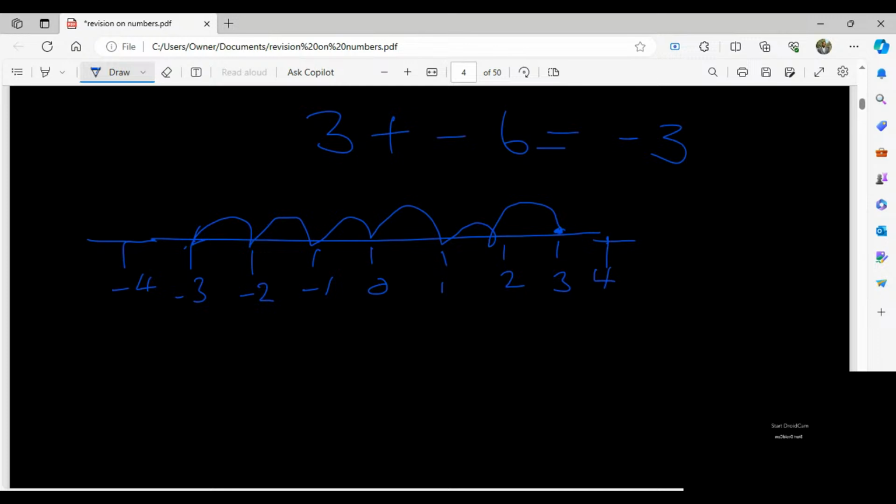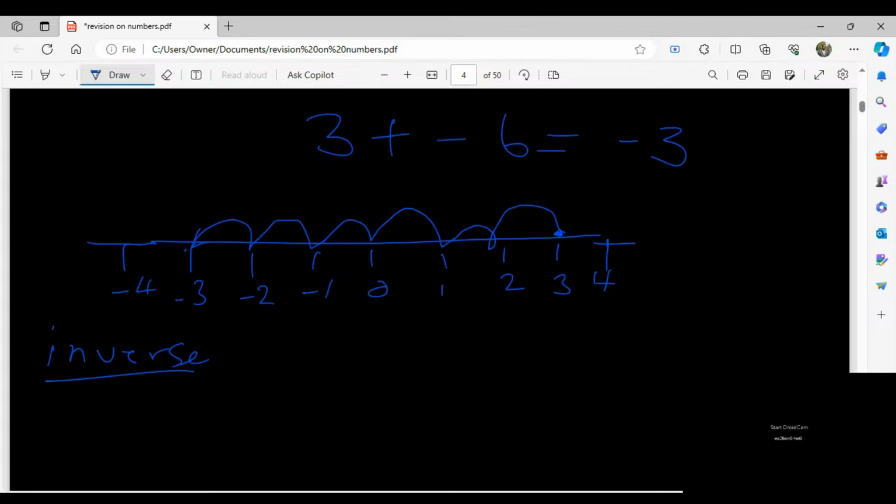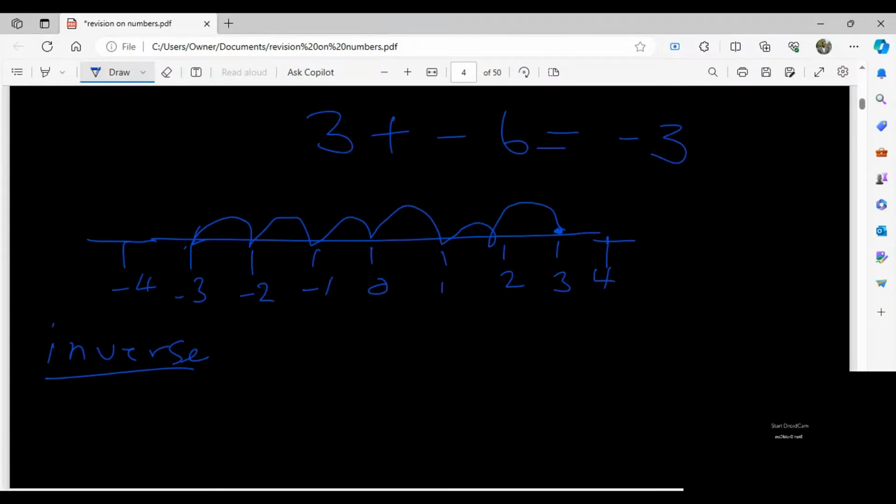Another way to explain this would be to use the concept of inverse. When we talk about inverse, what we mean is that subtracting a number is the same as adding the inverse of that number. For example, if we say 3 minus 6, it will be the same as what we wrote here.